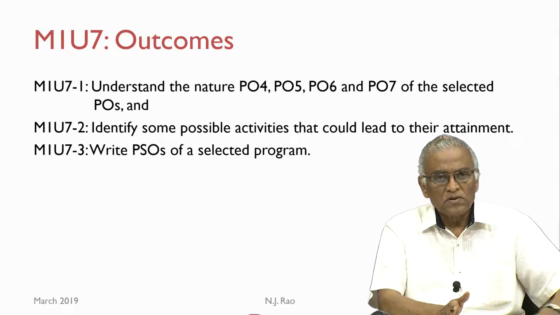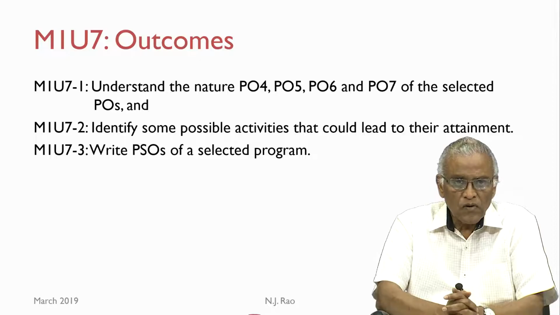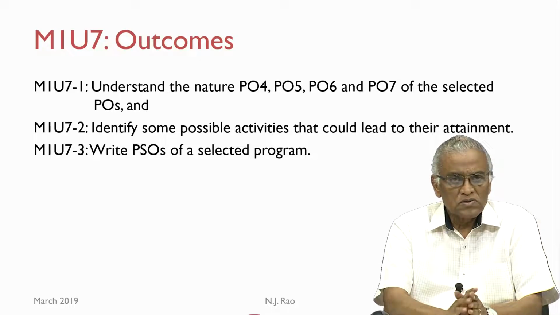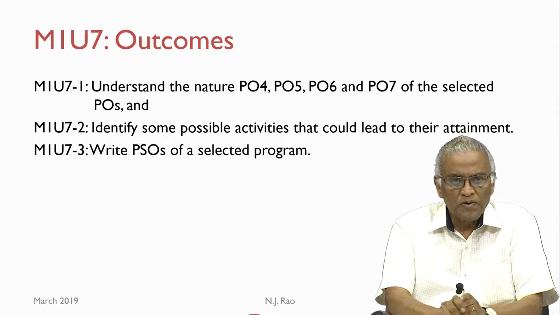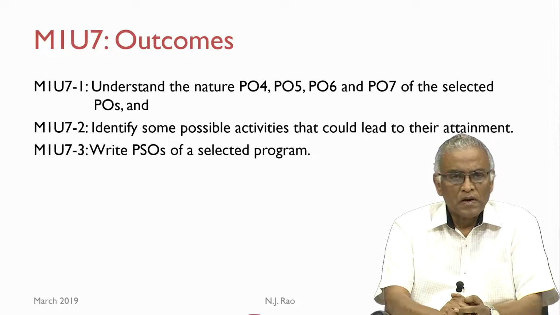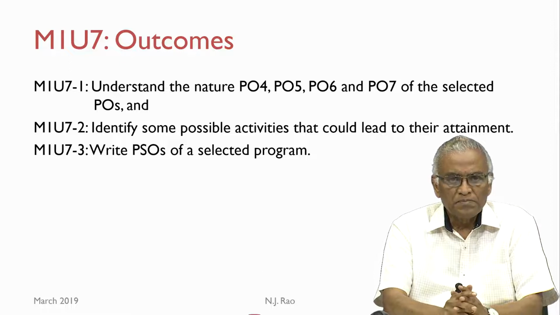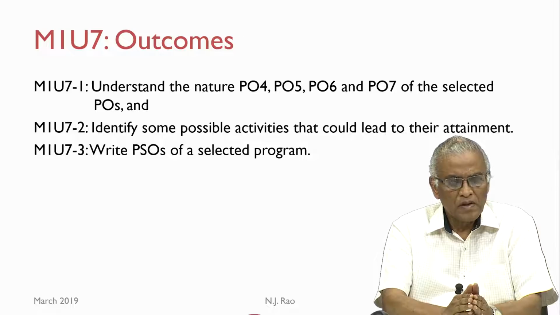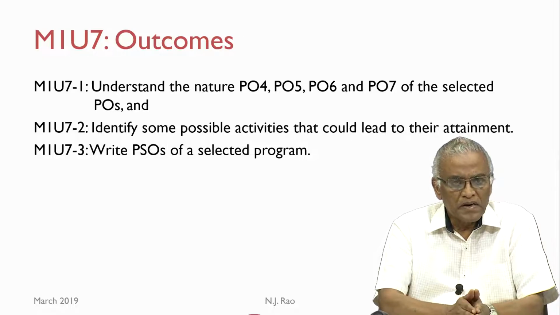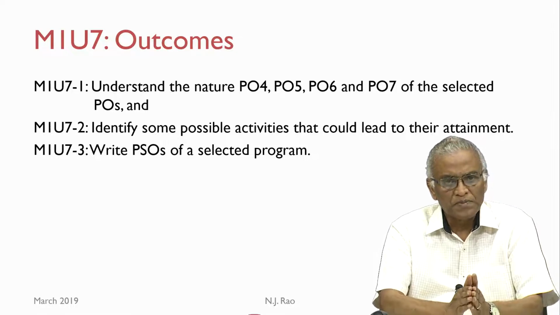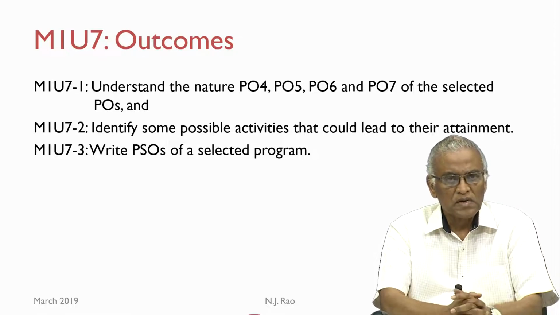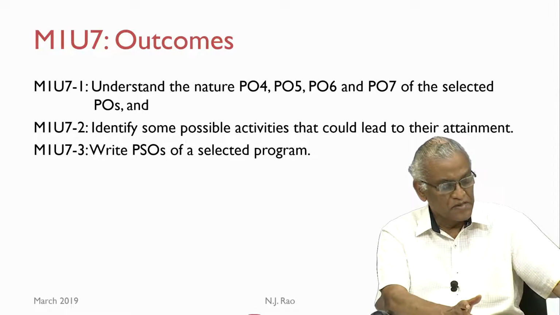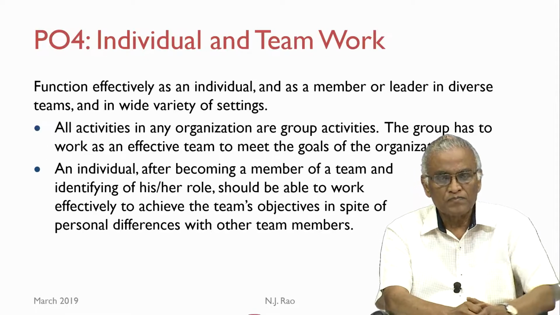And now coming to Unit 7, the goal is to understand the nature of PO4, PO5, PO6 and PO7 and identify some possible activities that could lead to their attainment. And importantly, write PSOs, program specific outcomes of a selected program. These are the goals of this particular unit.